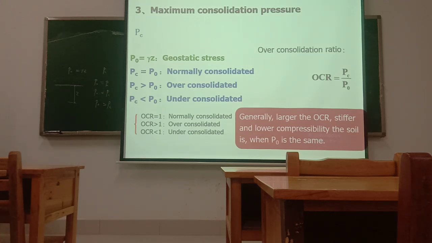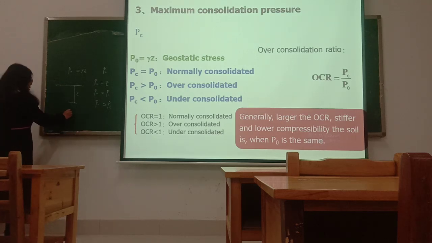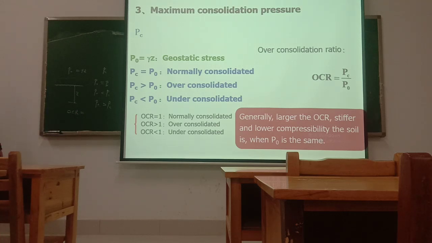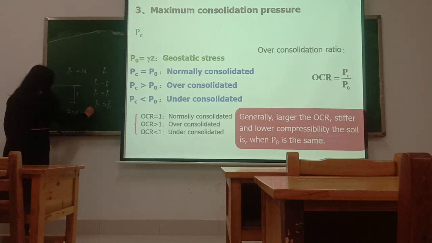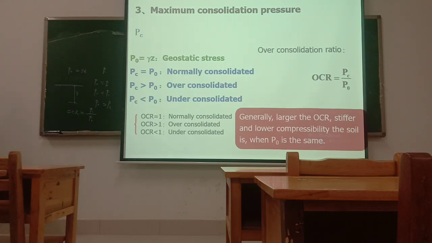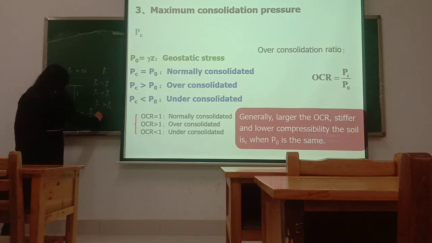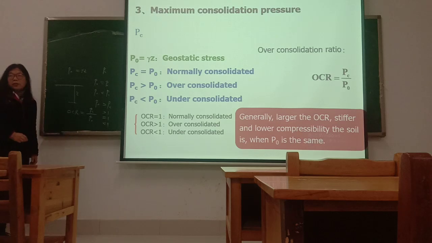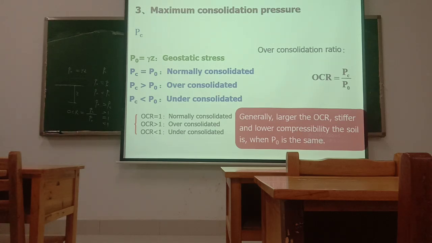Okay. Here we use OCR. OCR means overconsolidation ratio. Use Pc divided by P0. Maybe more than 1, equal to 1, or less than 1. Okay.